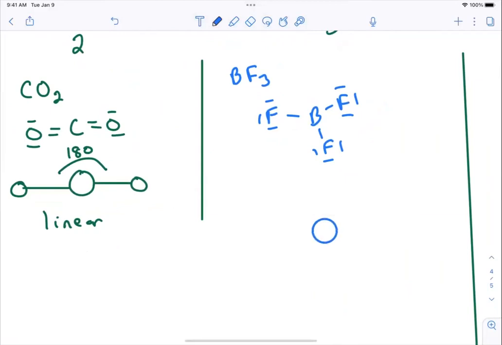So if you had a boron in the middle here, how would you orient the three atoms around that central atom so as to be as far apart as possible? 120 degrees, right, Trey? Because that will maximize the distance apart from all the bonds.